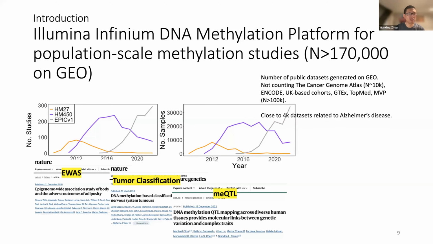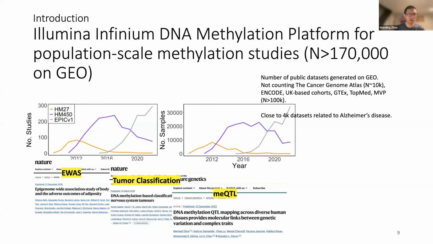After knowing this, we can tell that this is a pretty popular technology, and actually the most relevant to studying population-scale methylation projects. This figure shows the adoption of the three consecutive generations of the methylation bead array platform: the HM27, the pretty well-known HM450, and then EPICv1.